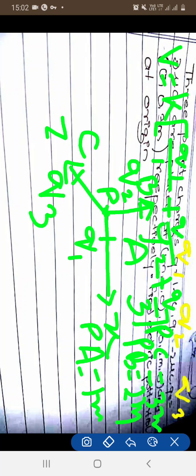So again read it: V is equal to k, Q1 upon 1 plus Q2 upon 2 plus Q3 upon 3.